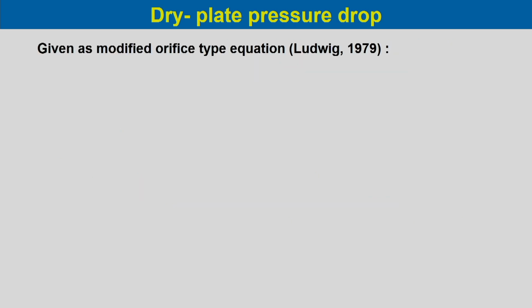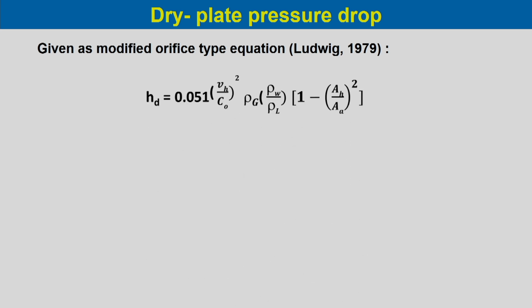Now, given as a modified orifice type equation, Ludwig in 1979, this is the equation: HD would be equal to 0.051 into (Vh by C0) squared into (rho g by rho L) into (rho w by rho L)... whole into 1 minus (AH by AA) whole square.